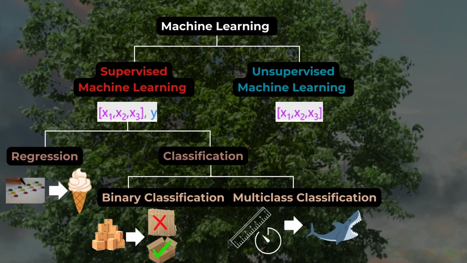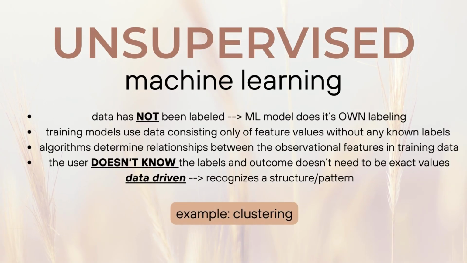Okay, coming up is unsupervised machine learning, the other form of machine learning that we will study in this section. So, in unsupervised machine learning, data has not been labeled. The ML model does its own labeling. The training models use data consisting only of feature values, without any known labels.